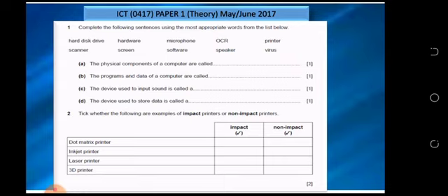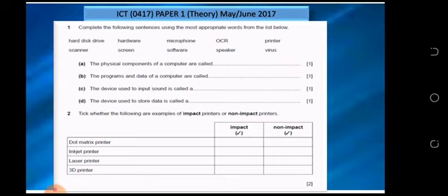The student will tick whether it is an example of an impact or non-impact printer. Then inkjet printer. The same thing is applicable to laser printer and 3D printer.